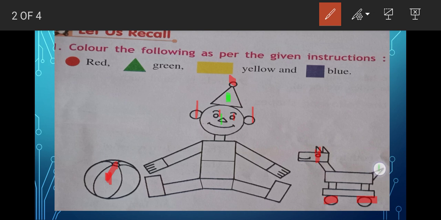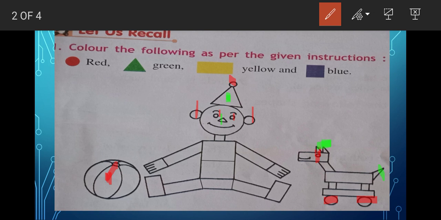And the ears of this toy horse, you have to color in green. Any more triangle shapes? I am not able to find any. If you get, you may do it.